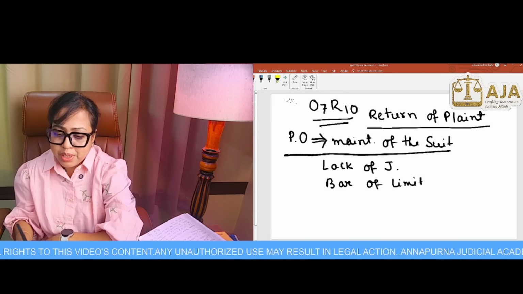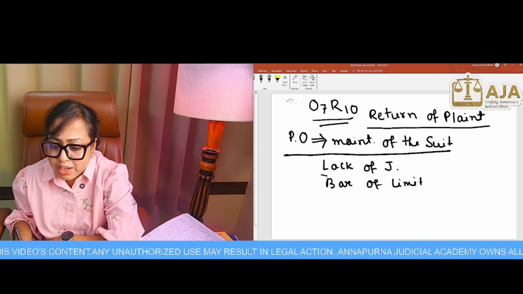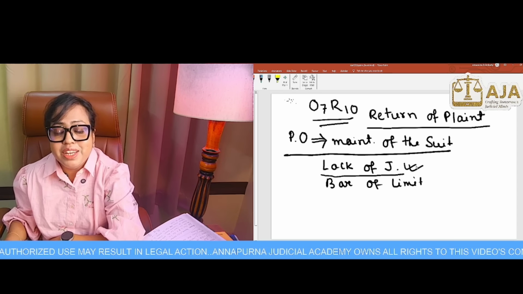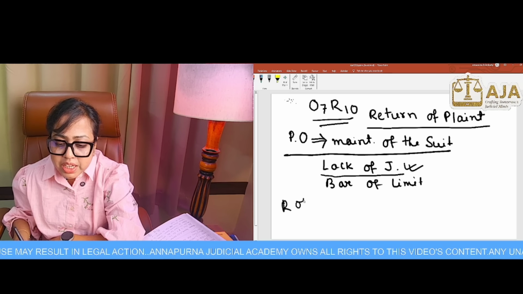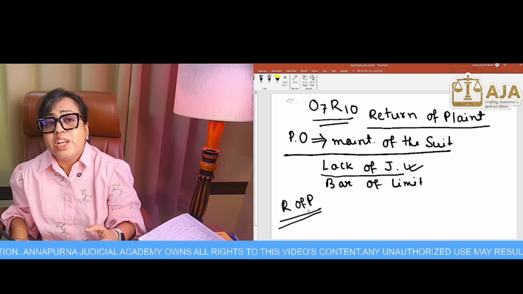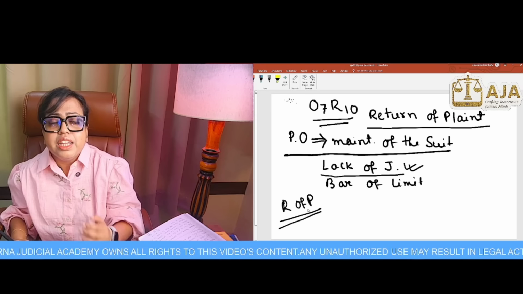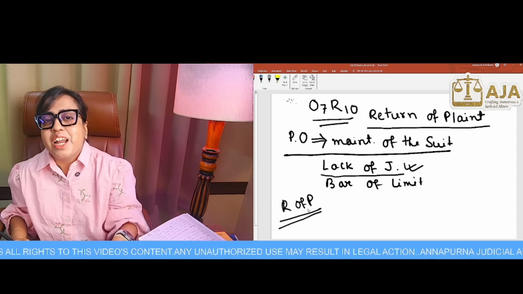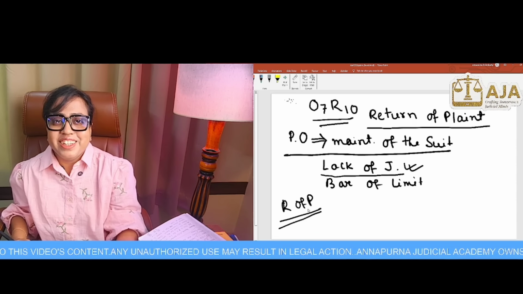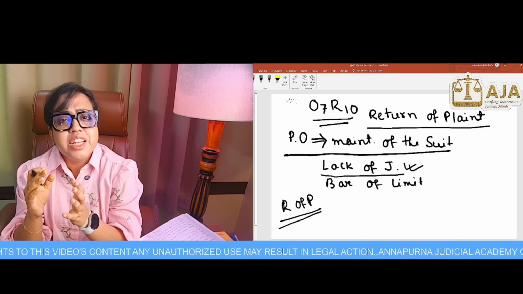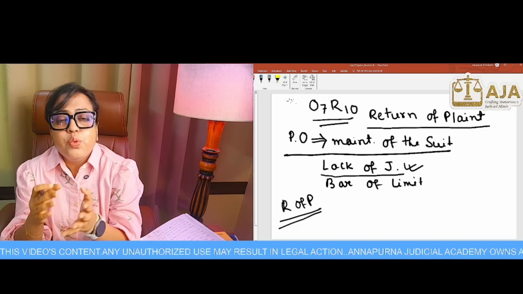It means that when we are talking about return of plaint or Order 7 Rule 10, the preliminary objection is usually raised on the ground of lack of jurisdiction.